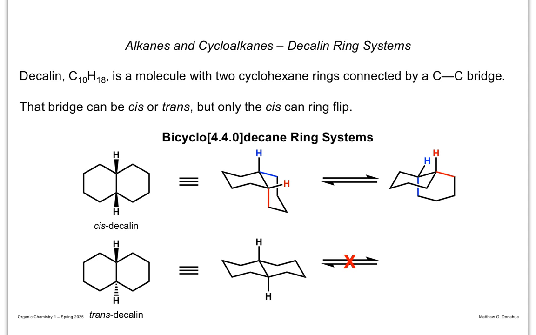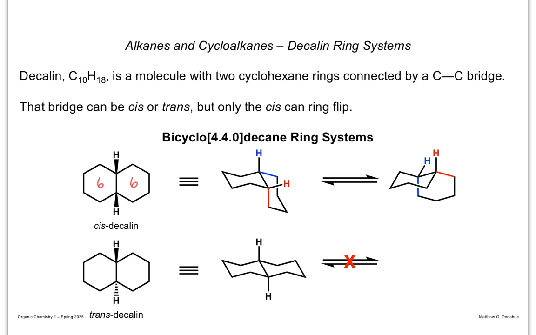So just real quick, as we saw originally in the cholesterol steroid nucleus, you can have multiple rings attached to one another. So a common sort of fragment or substructure of organic molecules is when you have 2 6-membered rings bonded together.